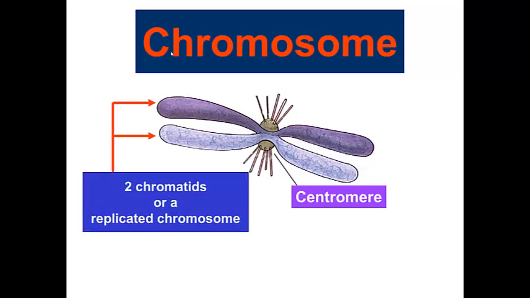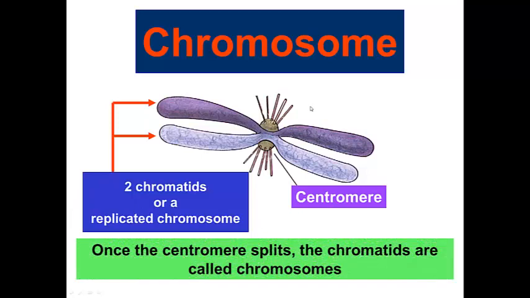The 2 chromatids, or half of this X, a replicated chromosome, are held together by the middle, called the centromere. Once this middle part splits apart, the pair of chromatids are called chromosomes.